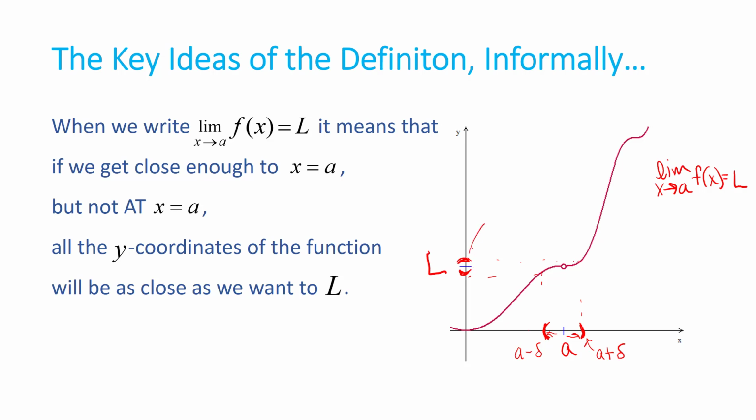So this is where we use the epsilon, so that distance in the y direction up from the L would be L plus epsilon, and then when I go down below the L, I would be at L minus epsilon. So by tradition, delta on the x-axis, epsilon on the y-axis.